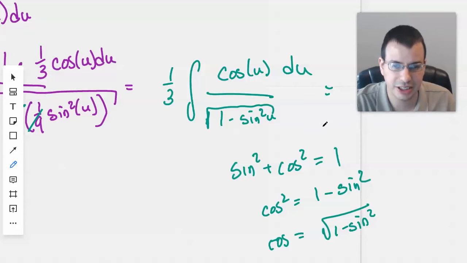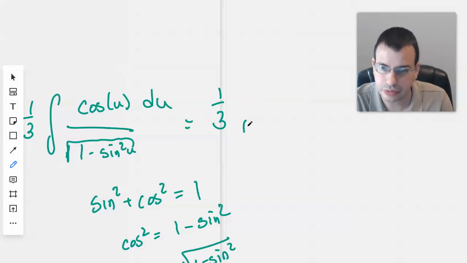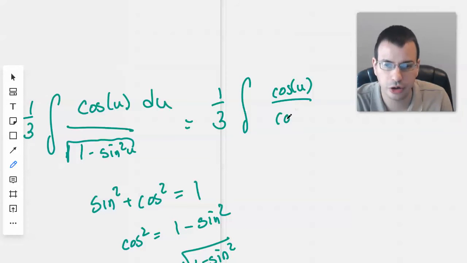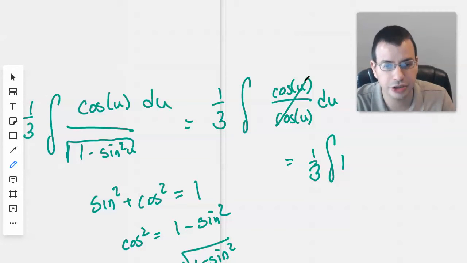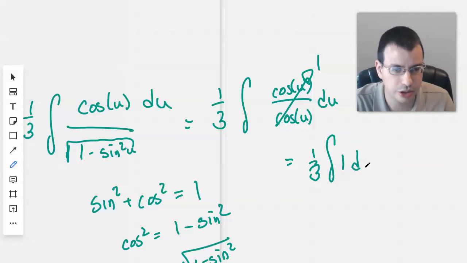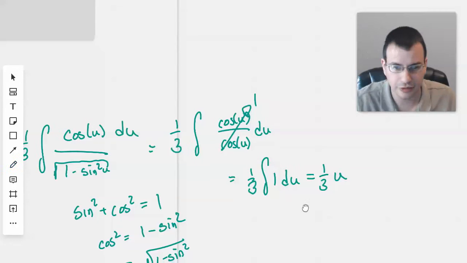So I took the Pythagorean theorem, rearranged it, and square rooted both sides. Now I can see that this is in fact equal to 1/3 integral of cosine of u over cosine of u du, which equals 1/3 integral of 1 du, because those cancel out, which gives us 1/3 u. And then there'll be a plus c involved.